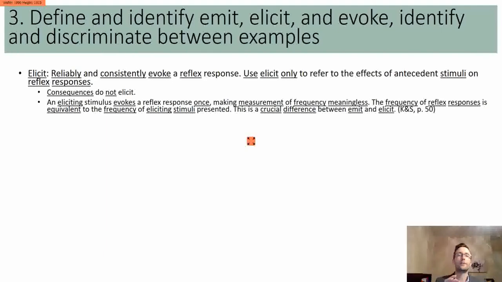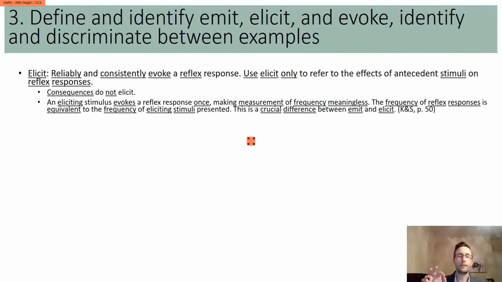In other words, if we're talking about lemon juice as an elicitor of salivation, or let's take an eye blink, which is easier to visualize. Let's say there's a puff of air to the eye and it elicits a blink, right? Each puff of air is going to elicit one blink response.